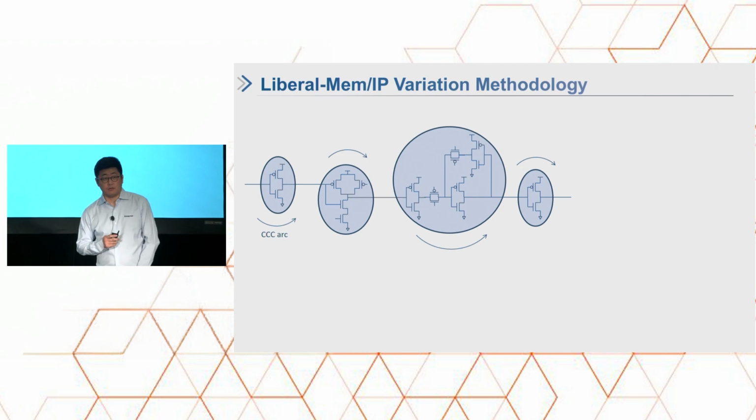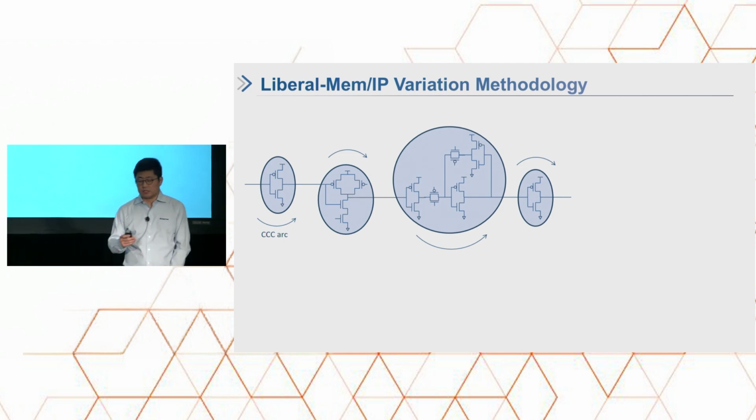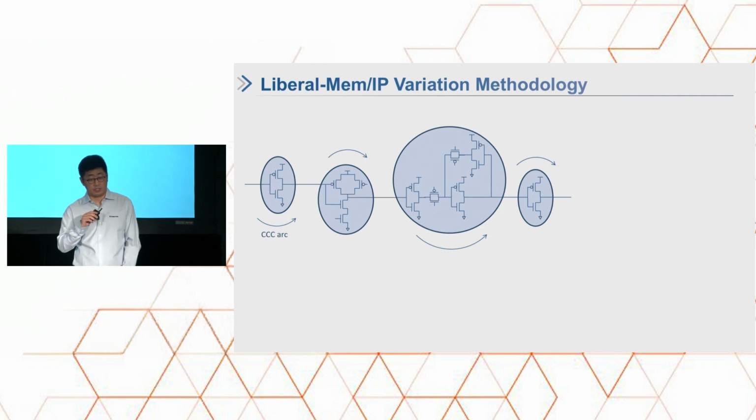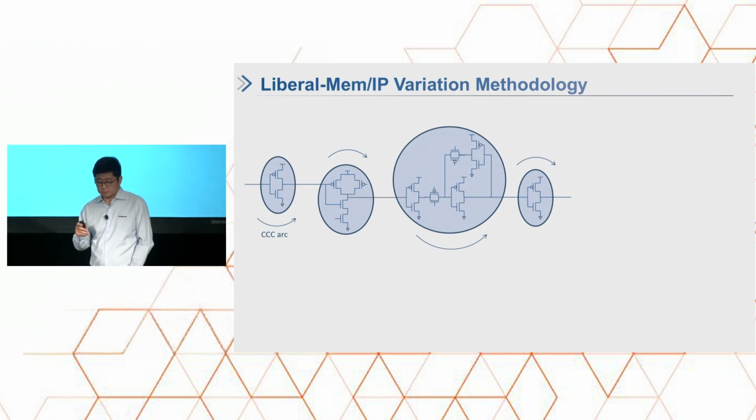So how are we going to solve this problem? In our product, LibreMem and IP, we do this by using the same partition that I showed before, the static characterization method. And we try to build a model for variation on these partitions, right? So for example, here is a timing path, and we have 4 channel connected partitions.